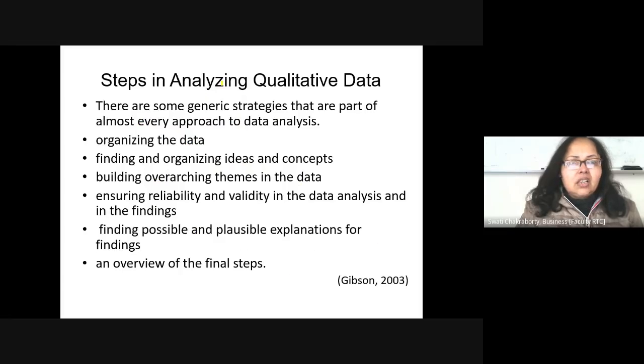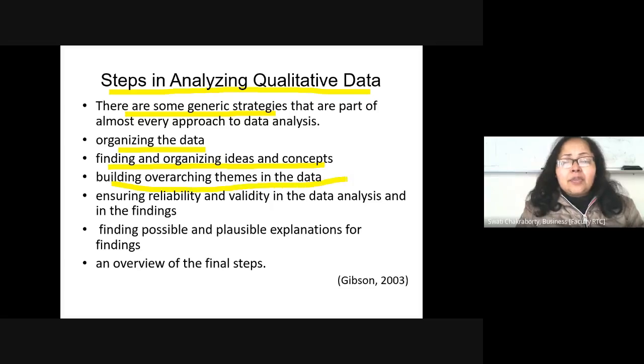Now, what are the steps in analyzing qualitative data? There are some generic strategies that are part of almost every approach to data analysis. That is, first organize the data, then look into the findings and organize ideas and concepts, and from there build overarching themes in the data.